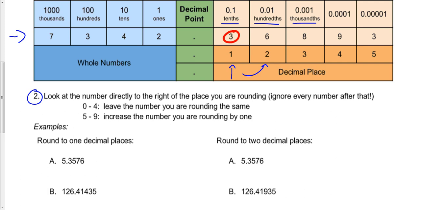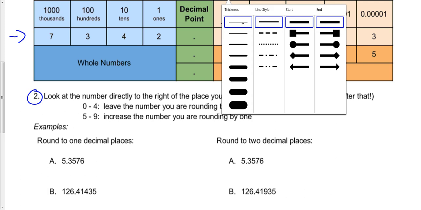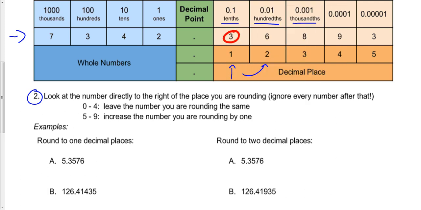This 3 is what I'm rounding to. So I look at the number immediately to the right, and it is a 6. Well, 6 is a number that's between 5 and 9, and so therefore it raises the number I'm rounding by 1. So this 3 is going to become a 4.